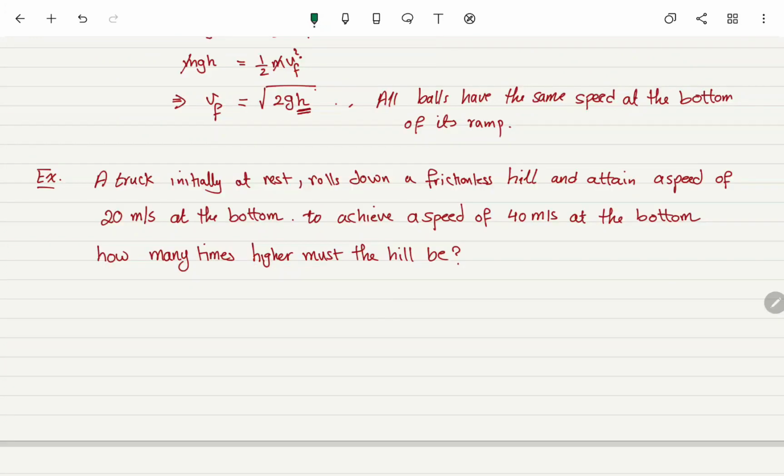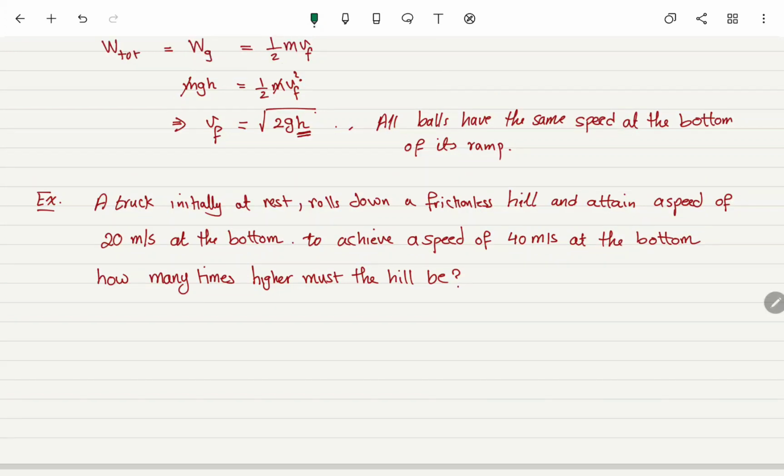In this example, a truck initially at rest rolls down a frictionless hill and attains a speed of 20 meters per second right at the bottom. To achieve a speed of 40 meters per second at the bottom, how many times higher must the hill be? To answer this example, let's go back to the results we obtained in the previous one.